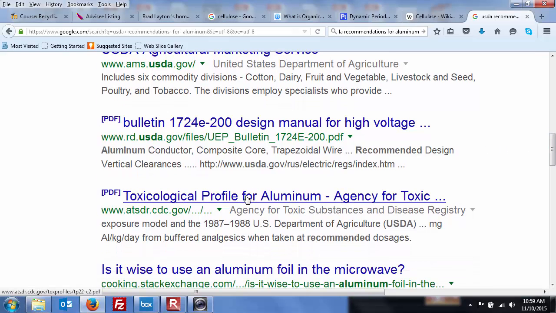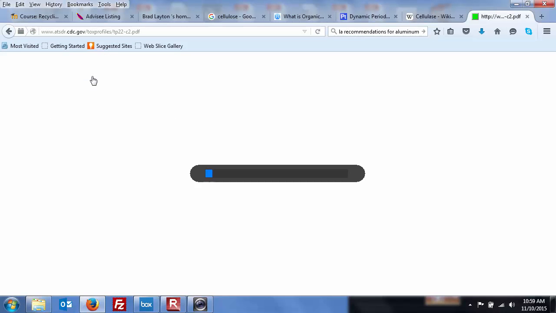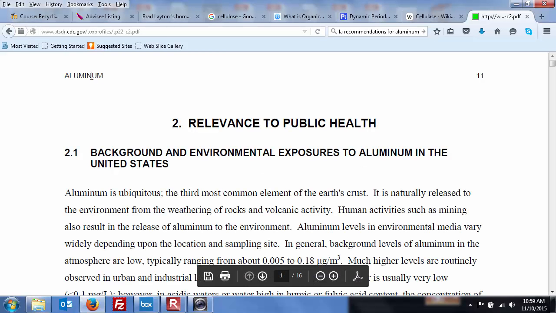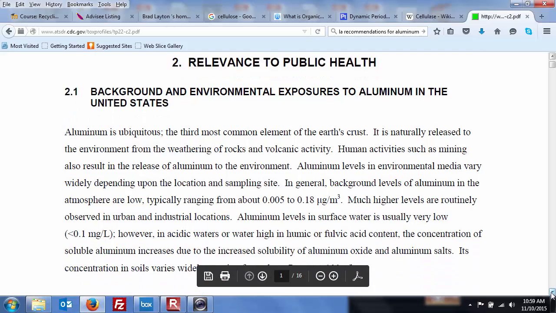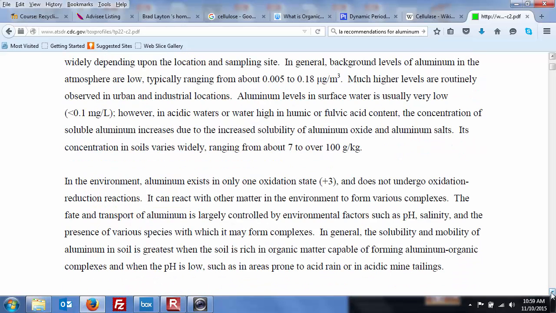We can pop out the toxicological profile, because you're not going to see aluminum on the back of your vitamin bottle. What's that? You will see it in your deodorant. Yeah, you'll see it in your deodorant. You'll see it in your sunscreen. Yeah, but they put it in our food.